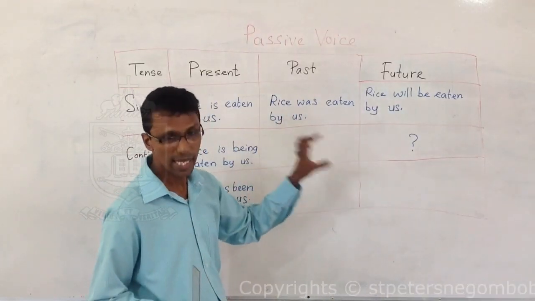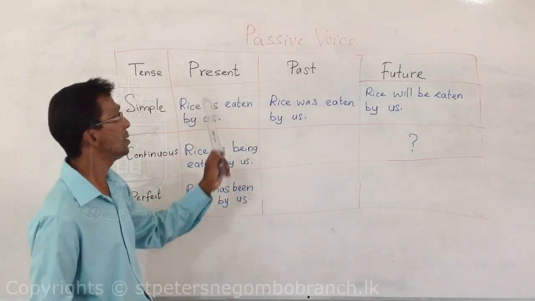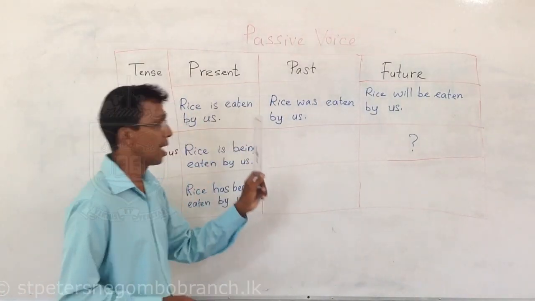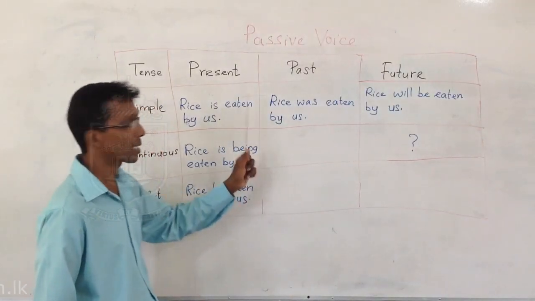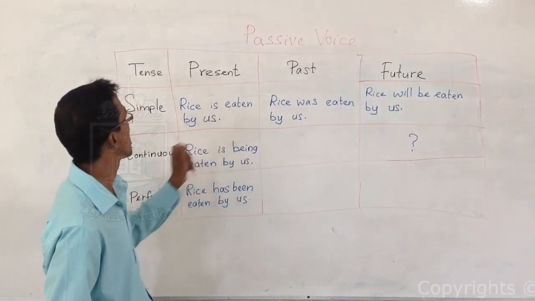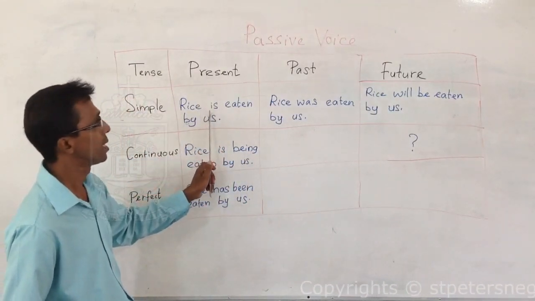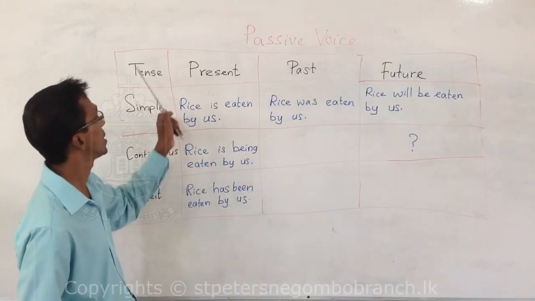First, this is the main structure of passive voice, and I have written some sentences, and if you take the tenses separately from this table, it is like this. Present simple tense is this one, and this is past simple tense.